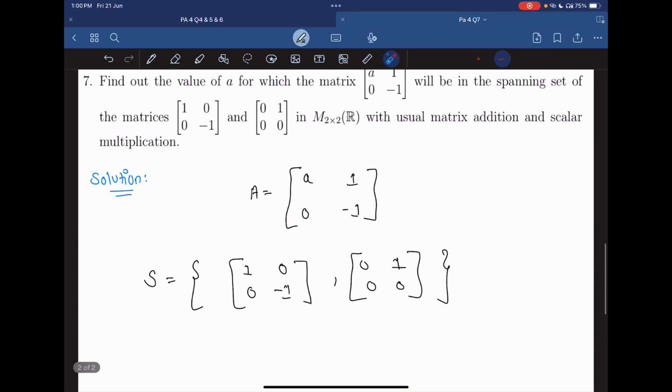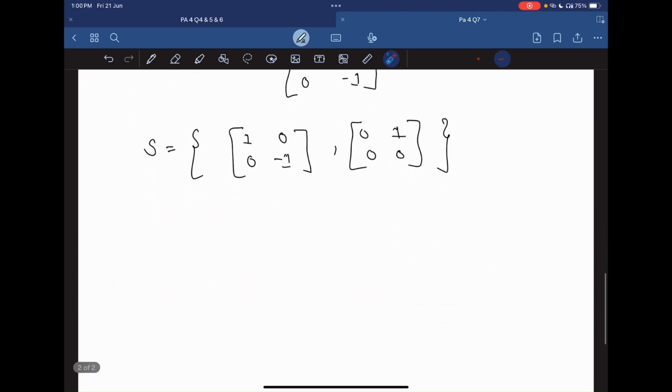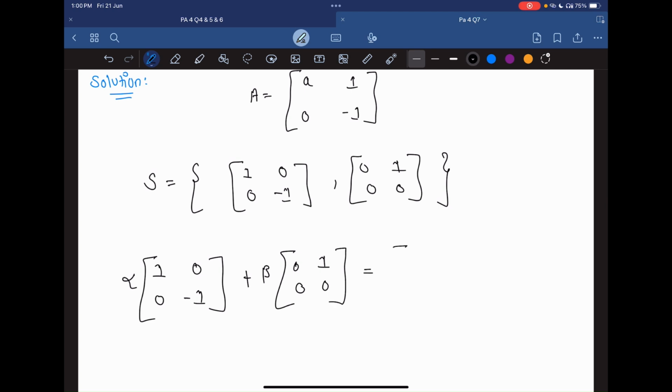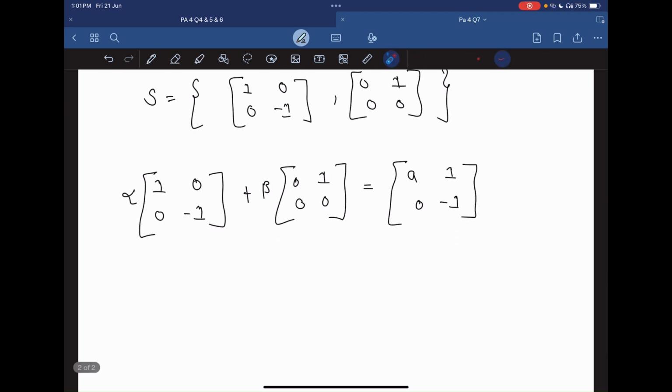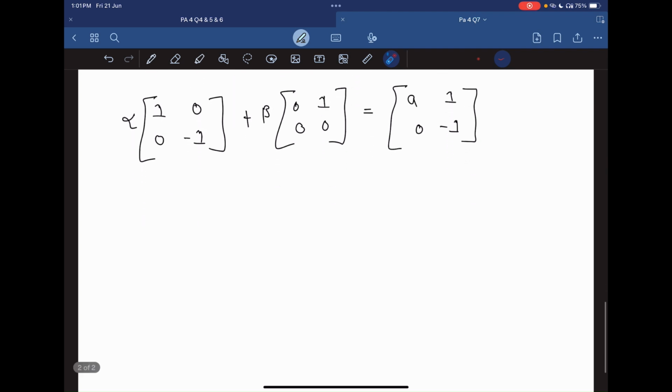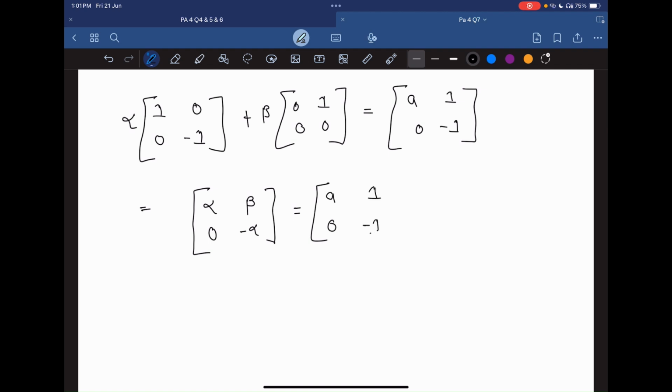If matrix A lies in the spanning set of the set S, that means there exist some alpha and beta such that alpha times this matrix plus beta times this matrix is equal to our A. So for some alpha and beta, if we take the linear combination of these matrices, we will be able to get matrix A. If we simplify it, we get alpha, beta, 0, minus alpha equal to A, 1, 0, minus 1.